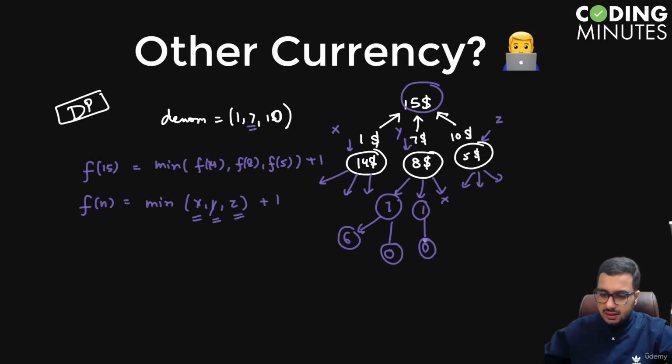So this path would be the shortest: from 0 to 7 we need 1 coin, from 7 to 8 we need 1 coin, from 8 to 15 we need 1 coin. So this is going to return 1. It explores this path and that path and takes the minimum. So the minimum is 1, and 1 plus 1 is 2, so it returns 2.